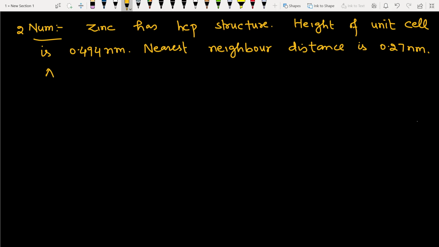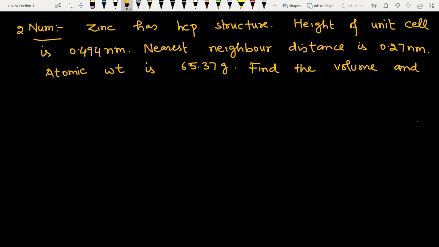Atomic weight is 65.37 gram. Find the volume and density of unit cell.